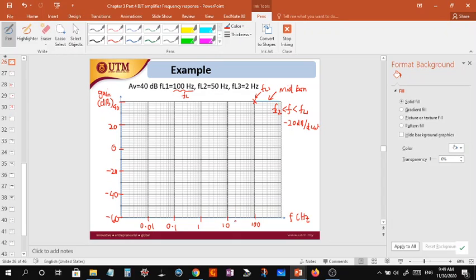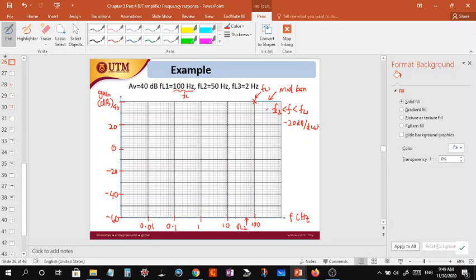So this is FL2. So this is, sorry, not 500, 50 Hz. Okay, so between 100 Hz to 50 Hz, the slope is 20 dB per decade.